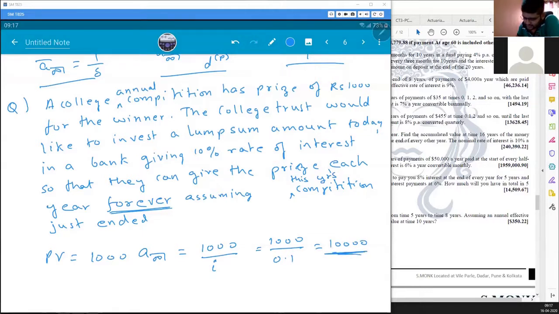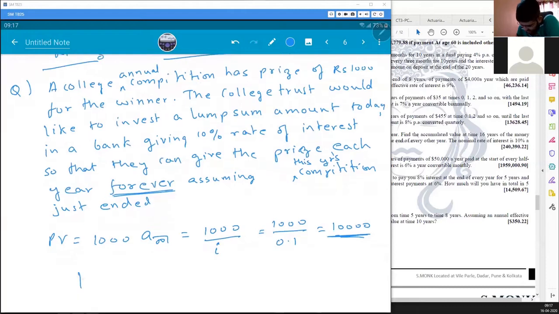So if I invest 10,000 rupees today in the bank, each year I will get 10% interest. As soon as I get the 10% interest, I take out that interest. The 10% interest was 1000 rupees. I took out that 1000 rupees at time 1, so I am still having 10,000 rupees in the bank. The next year at time 2, as soon as I get that 1000 rupees as interest, I take it out.